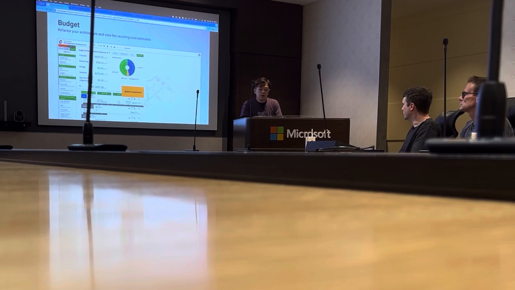Last but not least is the budget features. This is where you can get cost estimations of the diagram you've created. The budget shows you the resources you've selected or filtered. You can adjust the budget projection to an hourly, daily, weekly, or yearly interval.